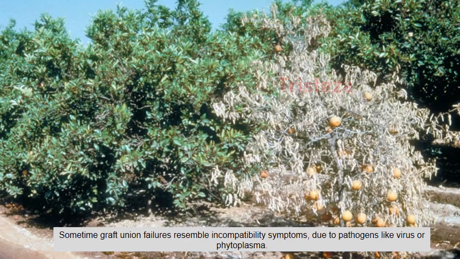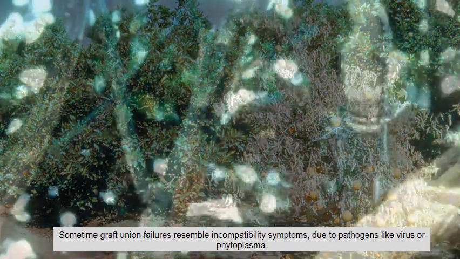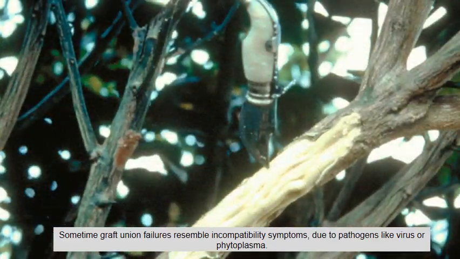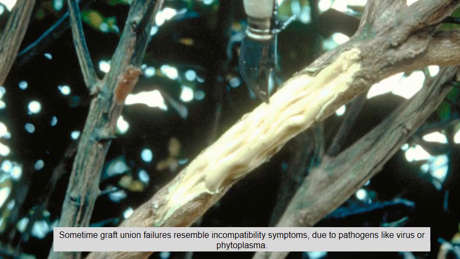If you still remember, I have mentioned symptoms of incompatibility that are due to adverse physiological responses between the grafting partners. However, sometimes graft union failure resembles incompatibility symptoms but is due to pathogens like virus or phytoplasma. For example, tristeza is an important example of virus-induced incompatibility in citrus, and the failure of sweet orange budded onto sour orange rootstock is due to the virus.